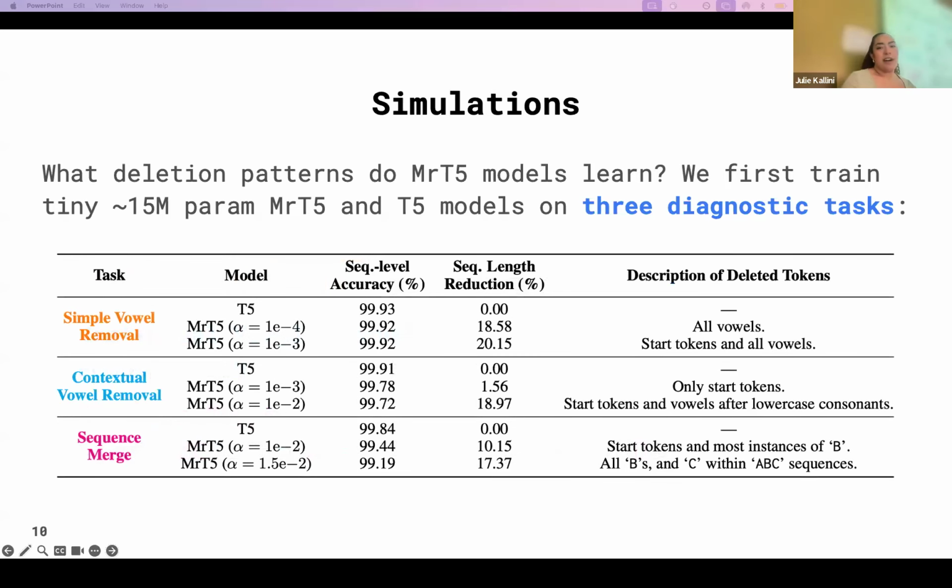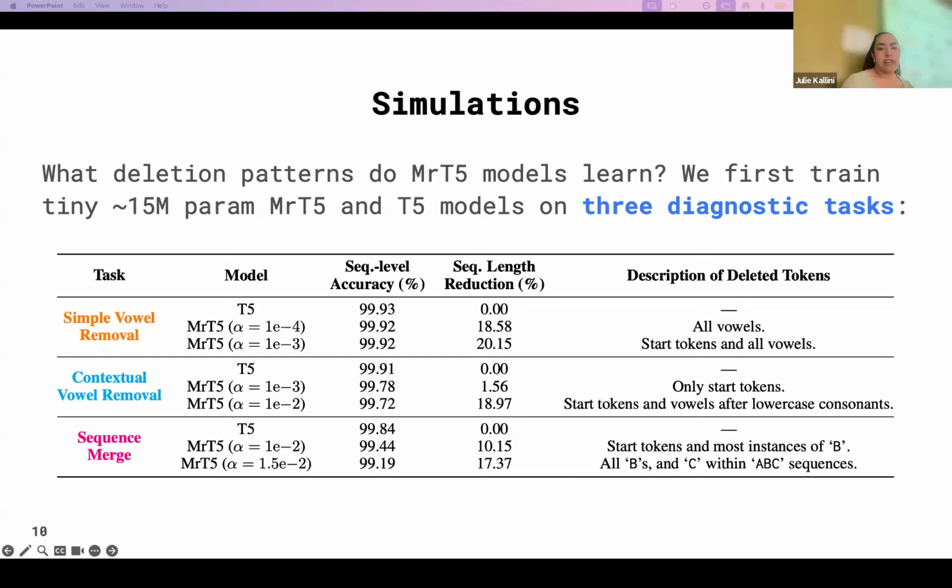Here, we train MrT5 models with a constant alpha parameter that adjusts the deletion rate. So we just let it delete and see what happens, rather than telling it we want a specific percentage of deletion. For each task, MrT5 is capable of learning to drop the tokens that are relevant to the task. For the simple vowel removal task, MrT5 learns to drop exactly the vowels in its deletion mechanism.